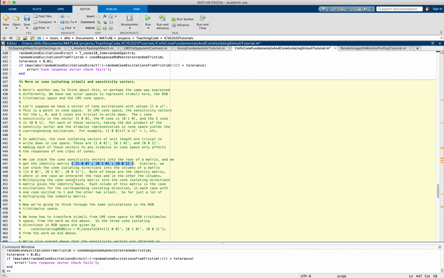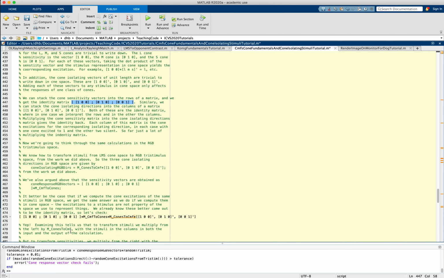Multiplying the cone sensitivity matrix into the cone isolating directions matrix gives us the identity back. That is to say, gives us the correct cone responses for the cone isolating directions, each in the column of a matrix. So this seems like a lot of multiplying the identity matrix into another identity matrix to get the identity matrix. But now let's think through the same calculations in the RGB tristimulus space.